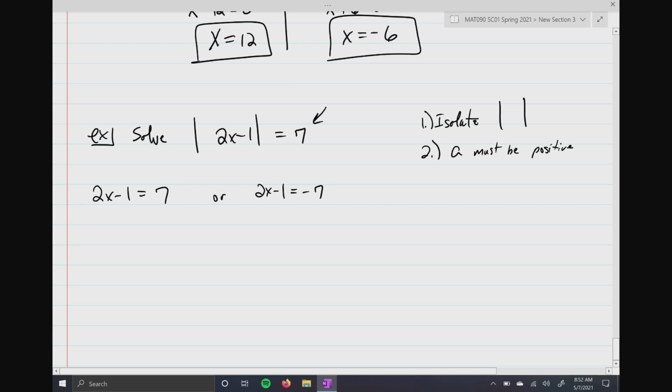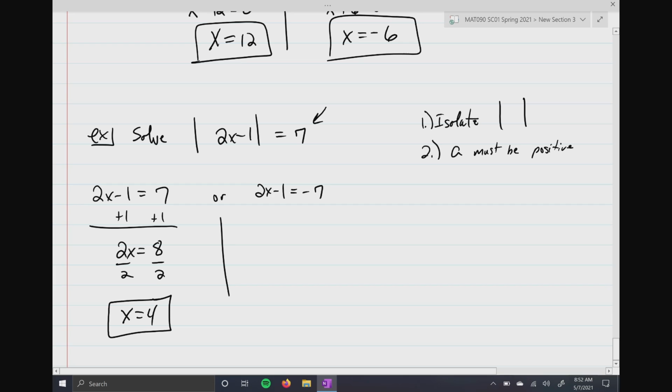Okay? So from here, I just solve each little problem. So I'm going to add 1 to both sides. That gives me 2x equals 8. Then I'm going to divide both sides by 2 to give me x equals 4.